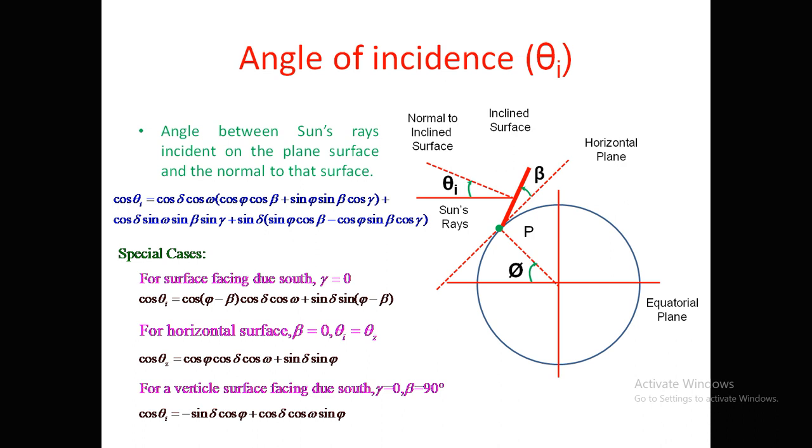And the next is two angles: one is beta, the tilt angle or the slope, and the other is gamma, the surface azimuth angle. The previous one is the solar azimuth angle, gamma s. The second one is the surface azimuth angle, gamma. At the end, this is the angle of incidence, theta I. So these are the angles related to solar geometry.